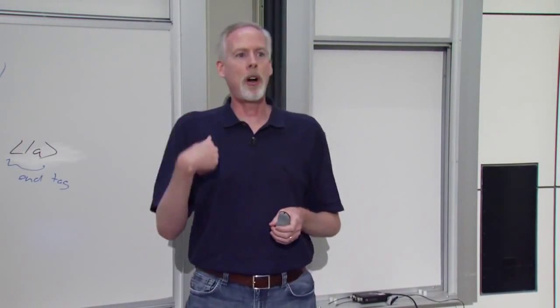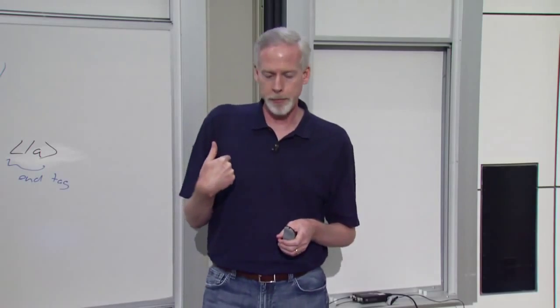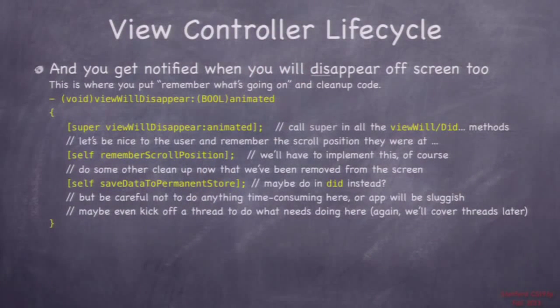You also get notified when your view goes off screen. So that's viewWillDisappear. And what do you want to do in here? You don't usually do a lot of stuff in here. If you're doing something like animation or something, obviously this would be a good place to stop doing that, because when viewWillDisappear has happened, really you want your view controller to become a good citizen. Stop using resources.